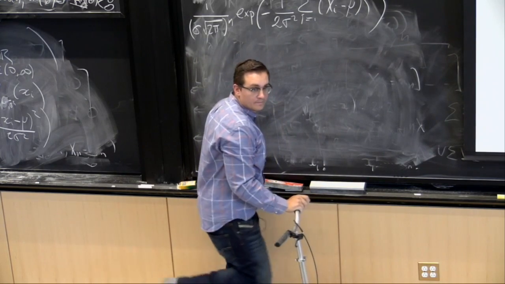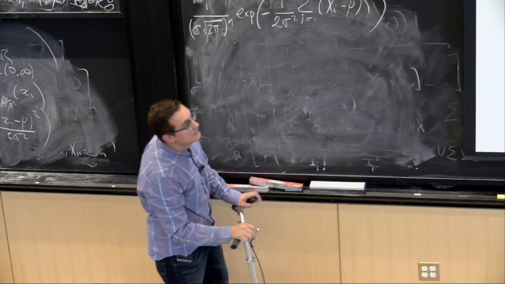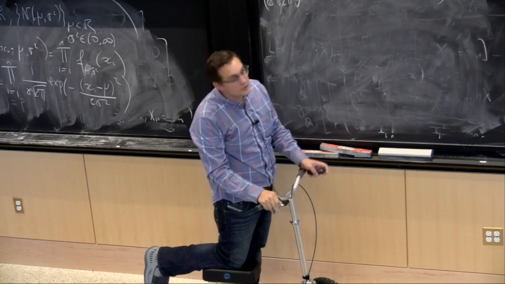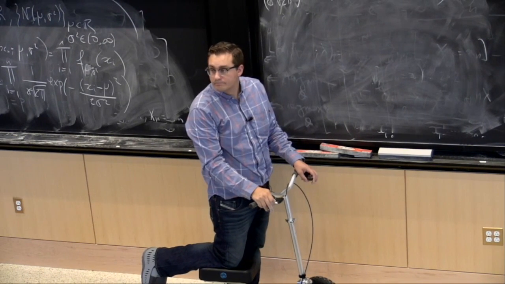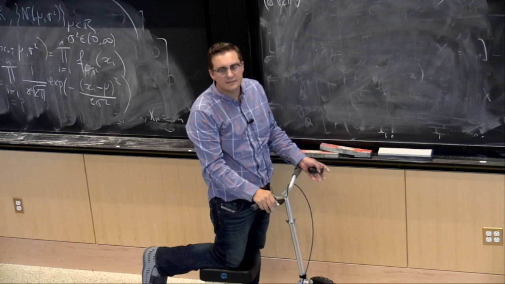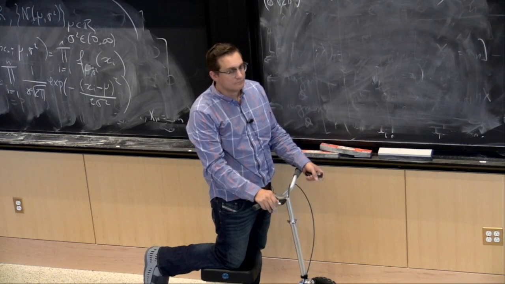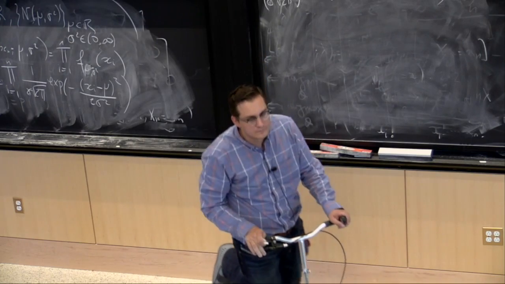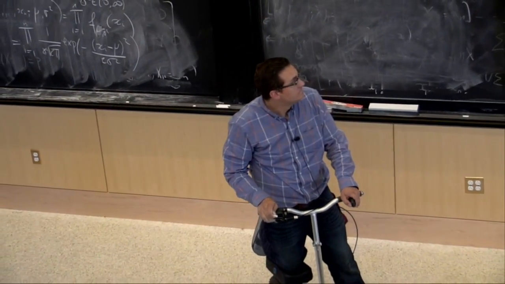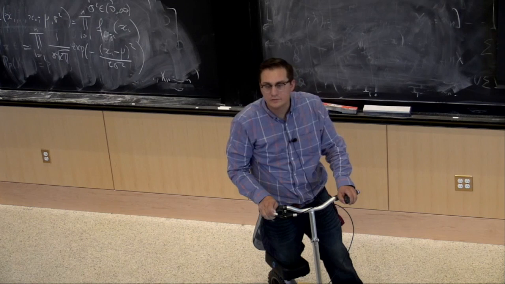Okay? And so that's how this guy shows up. Just the product of the densities evaluated at respectively x1 to xn. Okay. Any question about computing those likelihoods?